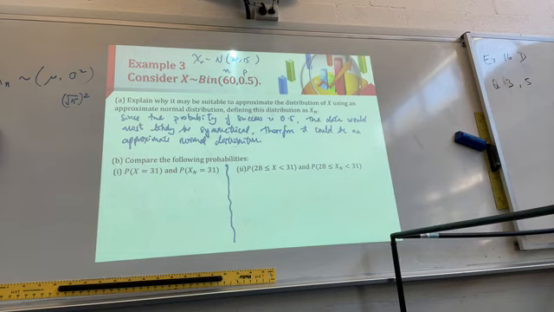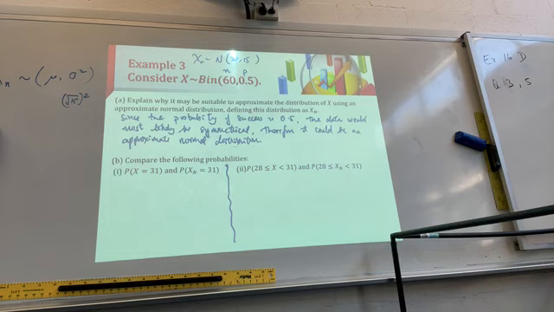Now, can you compare the following probability, please? Use your calculator. You need to use your calculator. One is binomial, which is X equals 31, and the other one is normal distribution. Now, with normal distribution, can we have X equals 31? Probability of that, what would that be?